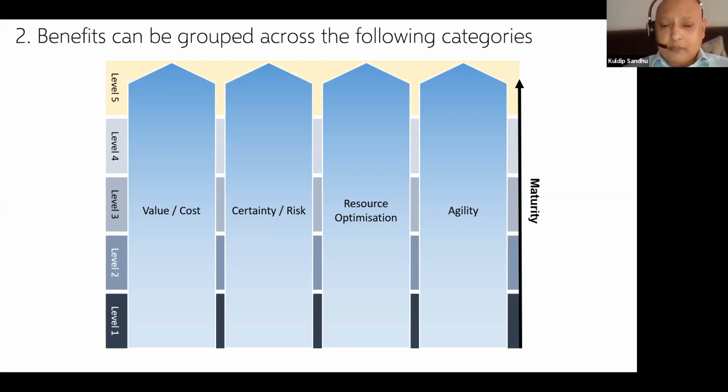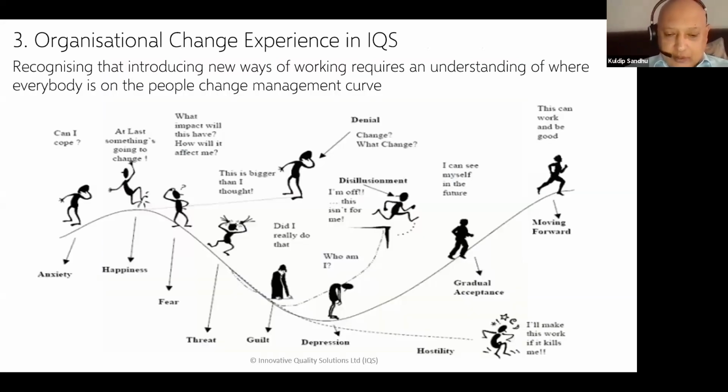So to do all this transformation, you need people to go on the journey with you. And some of the things that I want to talk about are the organizational change aspects and the people aspects of IT transformation.